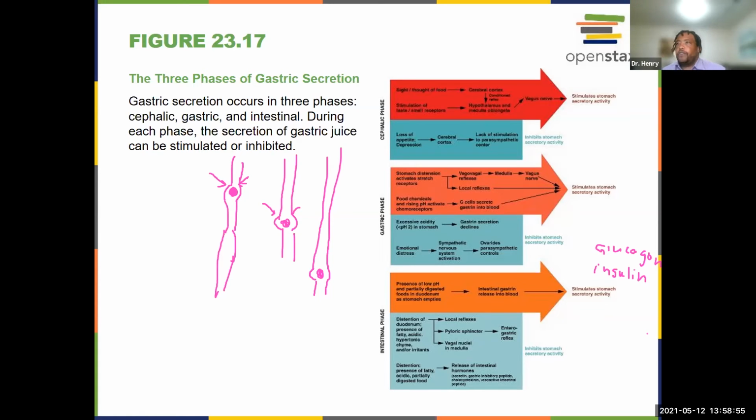So the first one is the cephalic phase. We know that that's going to kind of make reference to our reflex phase. And so this part basically takes place before the food is going to enter the stomach.